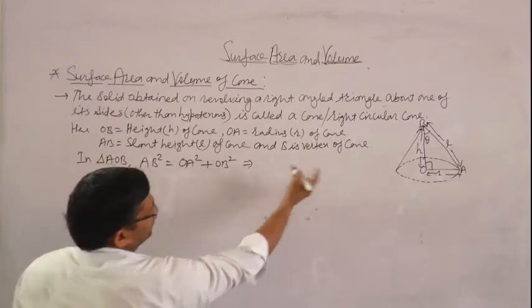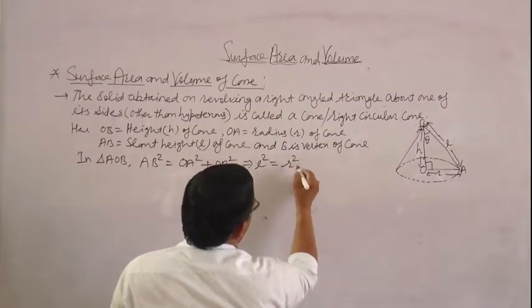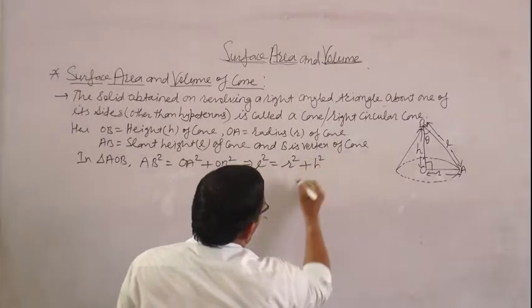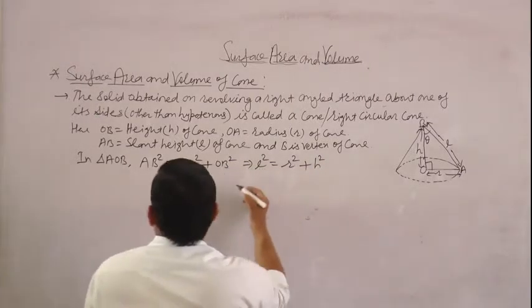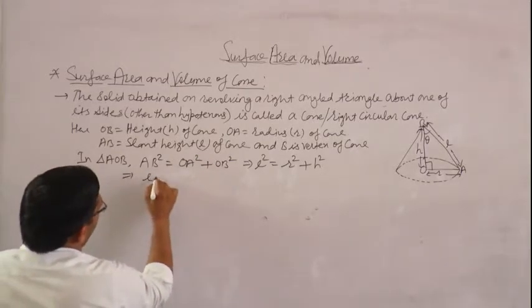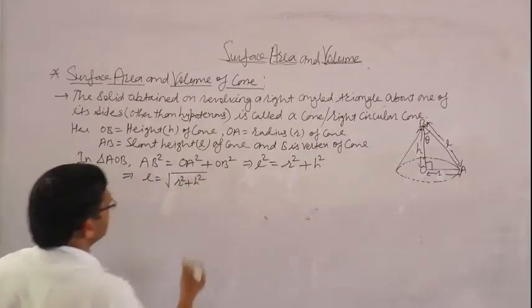This implies AB is L, so L square is equal to OA square, OA is R, plus OB square, OB is H square. That is, L is equal to square root of R square plus H square.